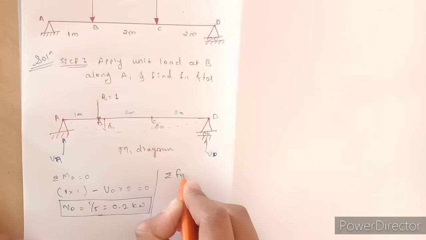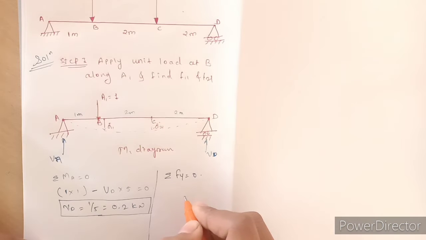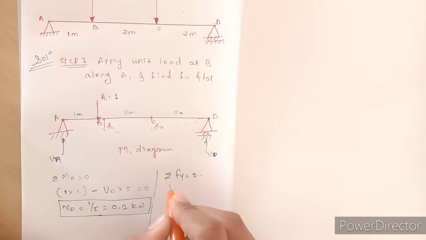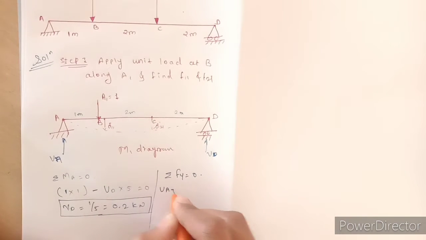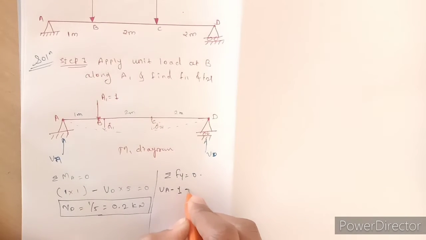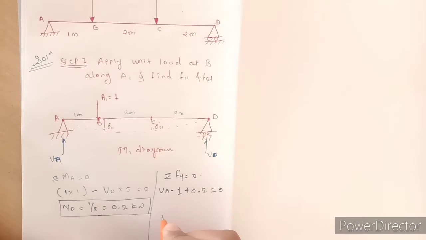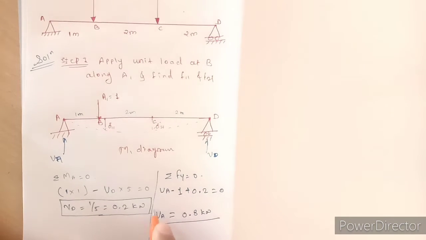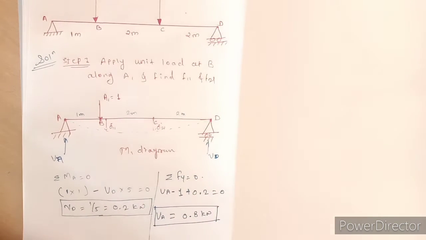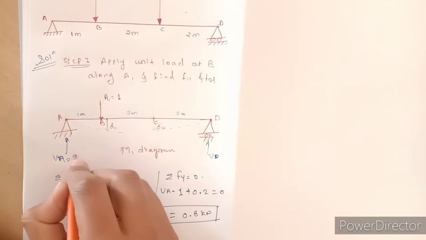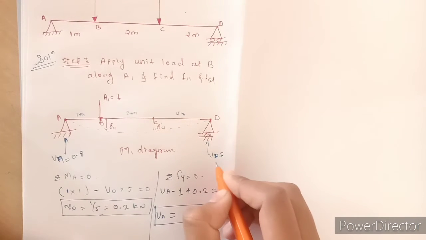We take summation of Fy equal to 0, that means the addition of all vertical forces. So VA minus 1 kilonewton plus VD value 0.2 is equal to 0. So VA is equal to minus 1 plus 0.2, nothing but 0.8 kilonewton. The vertical force at point A is 0.8 and at point D is 0.2.